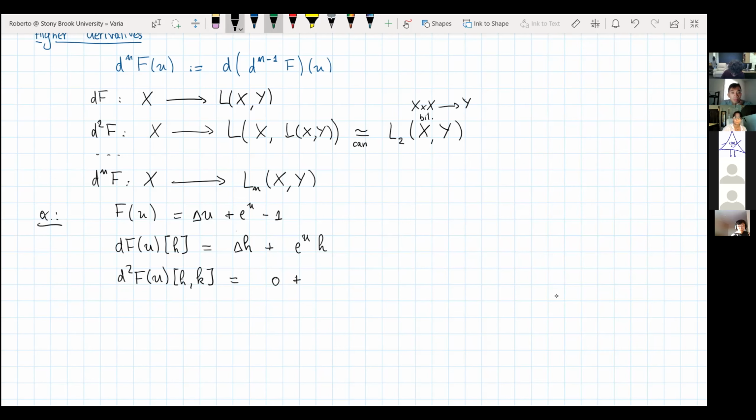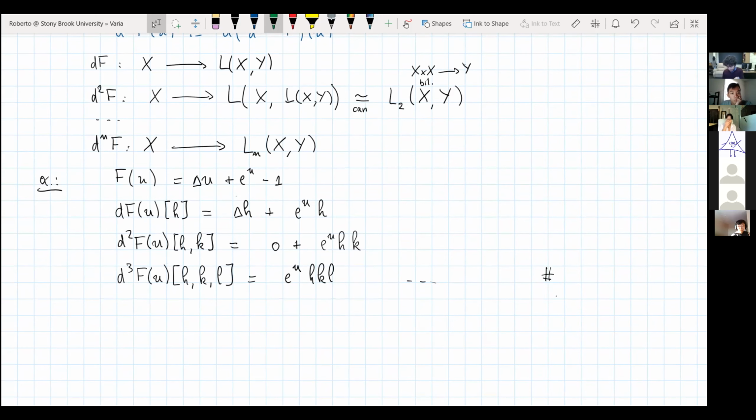And when we take the derivative of this second piece, we get e to the u, and then we add an h, but now we need to apply it to k. Now we take the third derivative at h, k, l, we will get e to the u, h, k, l, and so on. So that's the way you could do that.